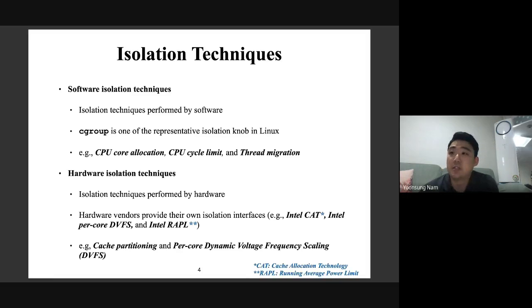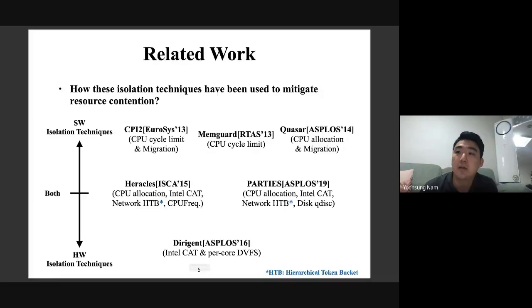Second, hardware isolation techniques are provided by many hardware vendors, such as Intel and AMD. For example, Intel provides hardware cache partitioning called Intel Cache Allocation Technology. These two types of isolation techniques have been used to mitigate resource contention, and there were some software-only approaches.